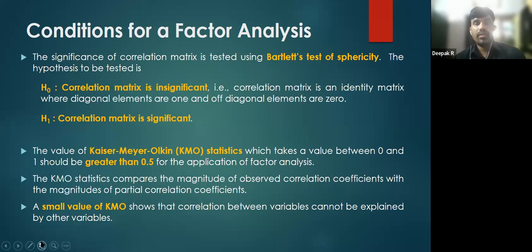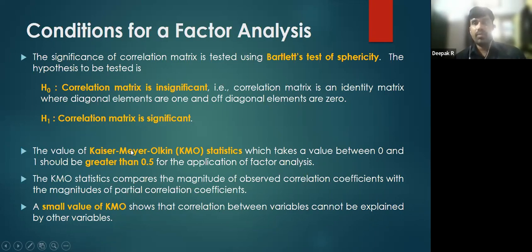What this KMO tries to look at is that it compares the magnitude of the observed correlation coefficients with the magnitude of the partial correlation coefficients. A small value of the KMO shows that the correlation between variables cannot be explained.